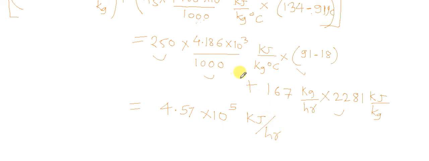You please operate the calculator. This kg gets cancelled. Here the unit is kg per hour, so this kg gets cancelled. Degree Celsius and this degree Celsius gets cancelled. So you will get the unit kilojoule per hour. Here also this kg gets cancelled. You get kilojoule per hour. Okay, so we get this.